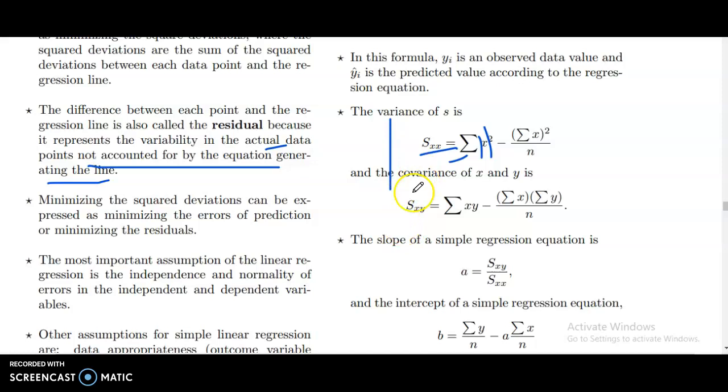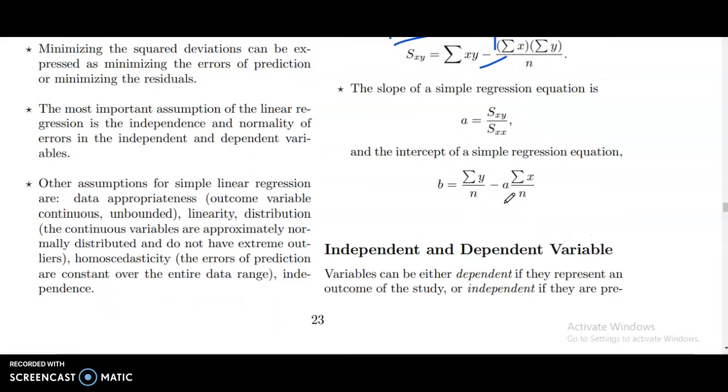The most important assumptions of linear regression are the independence and normality of errors in the independent and dependent variables.